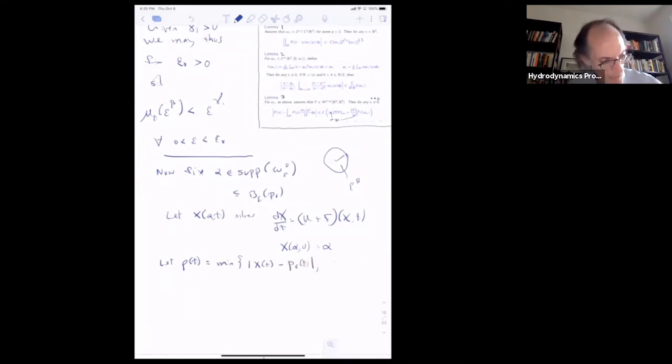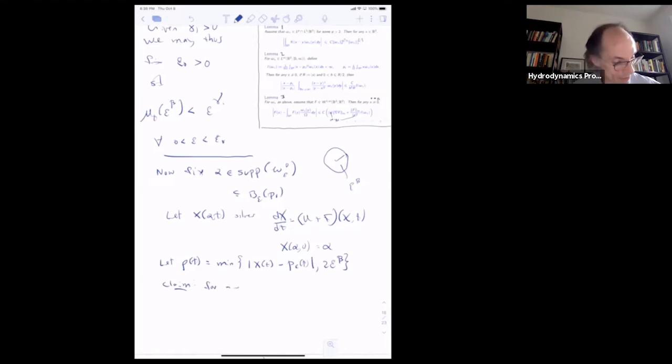And I don't want to worry about if it gets too close, maybe 2 epsilon to the beta. And so I only care what's happening if it strays rather far. And so my claim is that, I want to get a differential inequality for this.